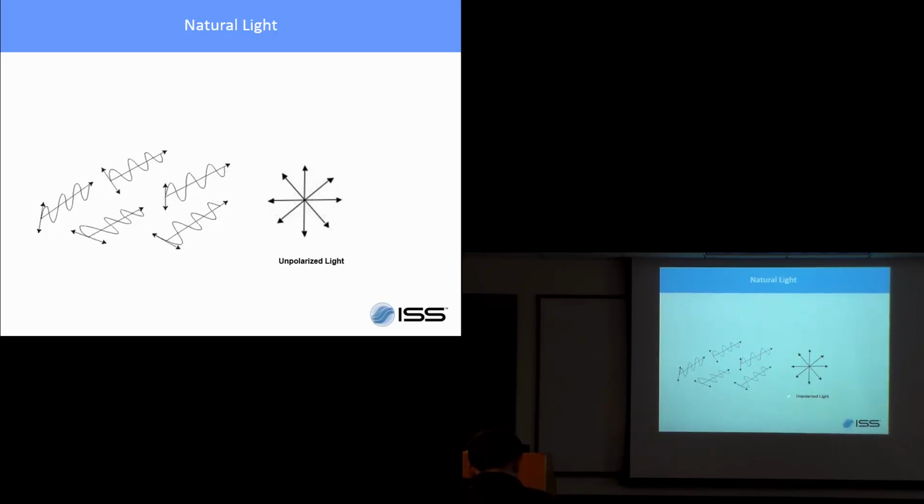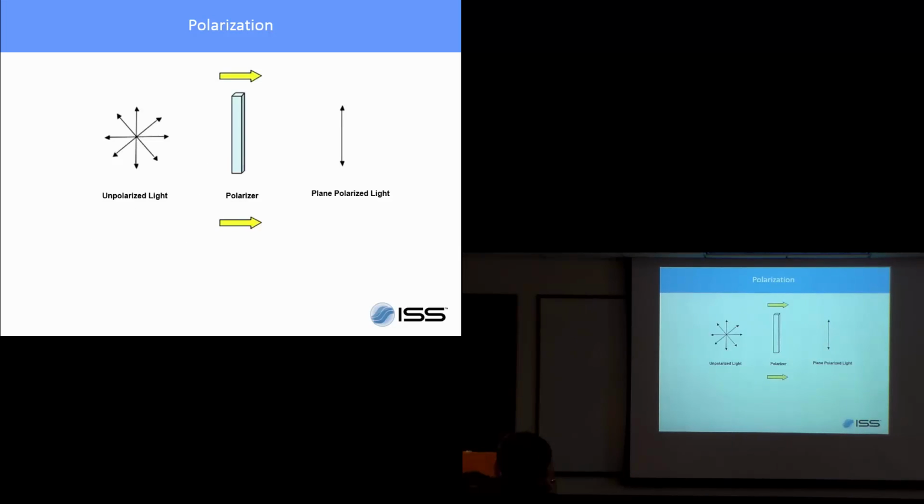What is unpolarized light? Well, unpolarized light, which is light from sources like these lamps or the sun, is a superposition of different kinds of polarization. Now, if we start with unpolarized light, we can always make it polarized by using what is called a polarizer.